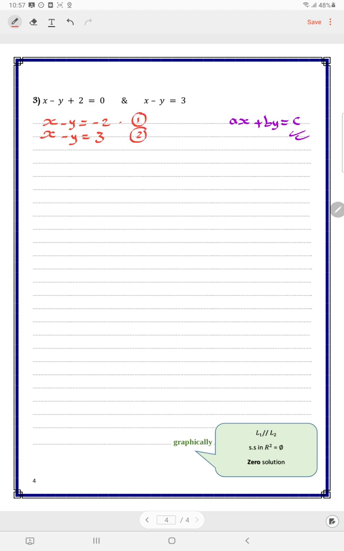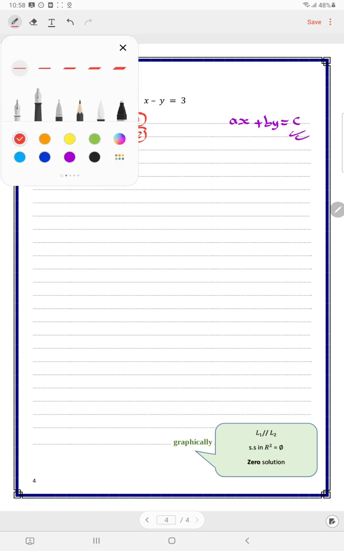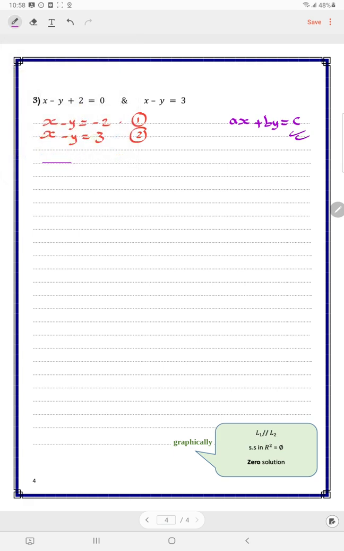Then find the three ratios. The coefficient of x over the coefficient of x, 1 over 1, the coefficient of y, negative 1 over negative 1, and c over c, negative 2 over 3. As we can see, the first ratio equals 1, the second ratio equals 1, and the third ratio equals negative 2 over 3.